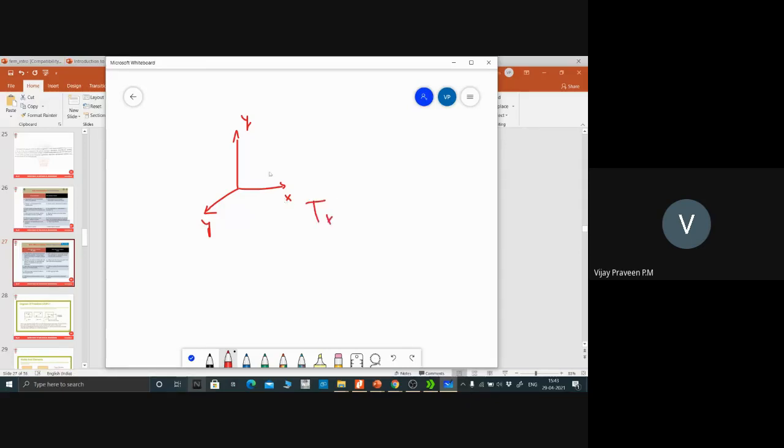Translation in Y, TY, linear movement. And finally, translation in Z. This is Z, not Y, sorry. Now, similarly, rotation in X. Rotation means with respect to this X axis, what rotation takes place? That is rotation in X. Now, this is rotation in which direction? Y direction. This is finally rotation in Z direction. Now, suppose you take any mechanism, how many degrees of freedom will it have?